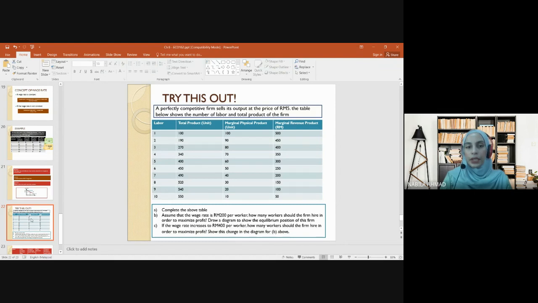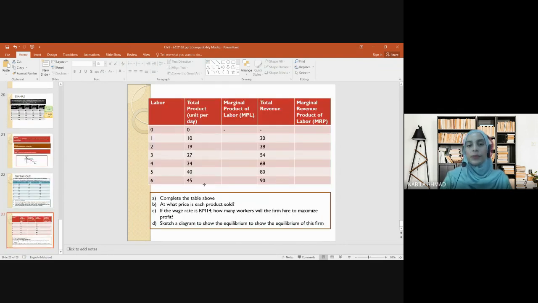Okay. Alright, sama juga soalan ni. Complete the table. So we have MPL, marginal product of labor. Okay, macam mana? Change in total product of labor divided by change in labor. So, 10, 9, 8, 7, 6, 5 and MRP. MRP macam mana? Kita tak ada price, jadi kita ada total revenue, jadi kita ambil change in total revenue divided by change in labor.